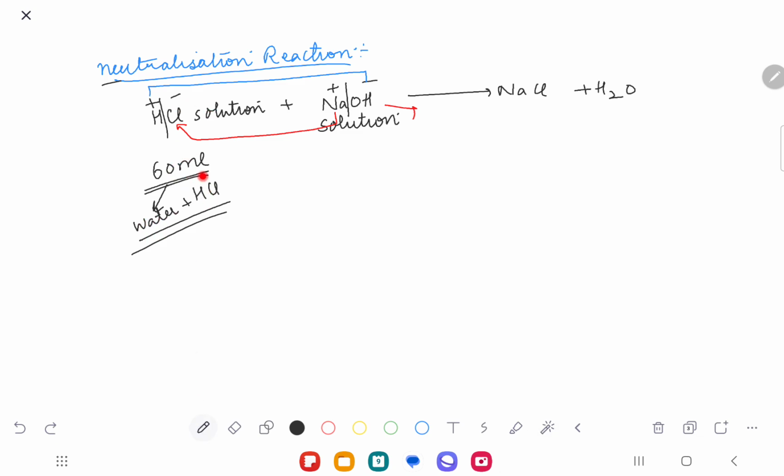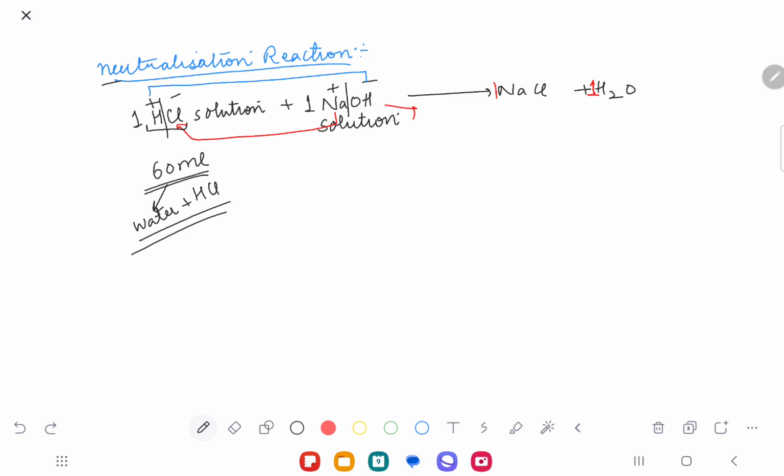And according to my equation, if I have 1 mole of HCl, I would require 1 mole of NaOH. So thereby I will have 1 mole of NaCl and 1 mole of water being formed. Are you understanding my point?